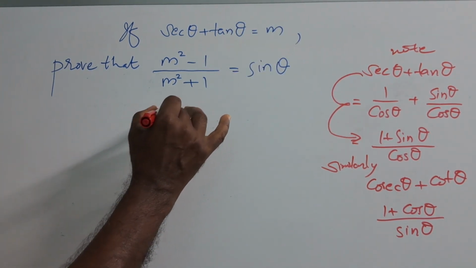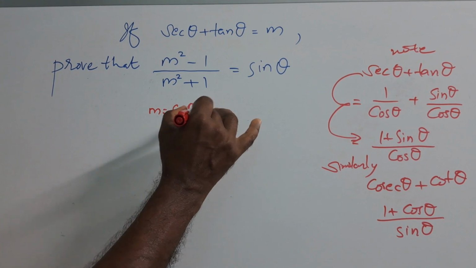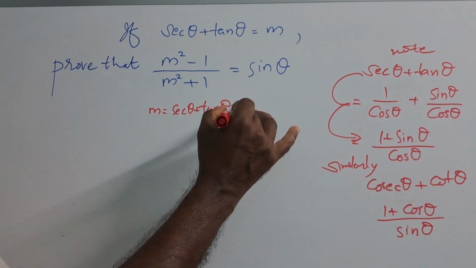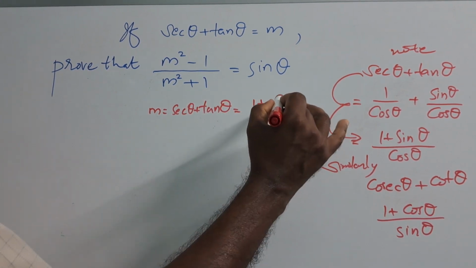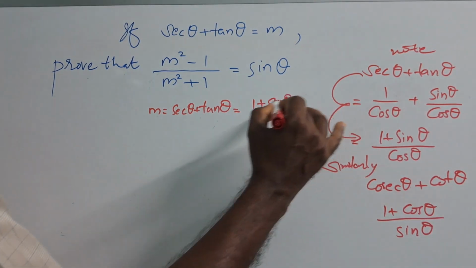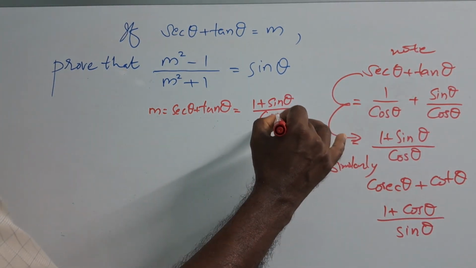m is equal to sec theta plus tan theta equals 1 plus sin theta by cos theta.